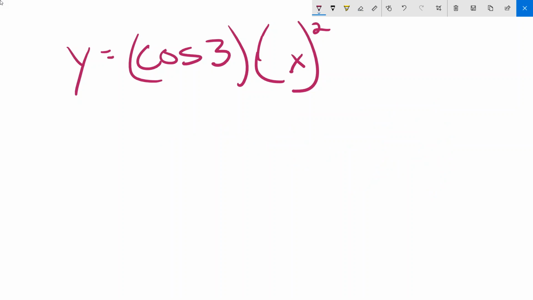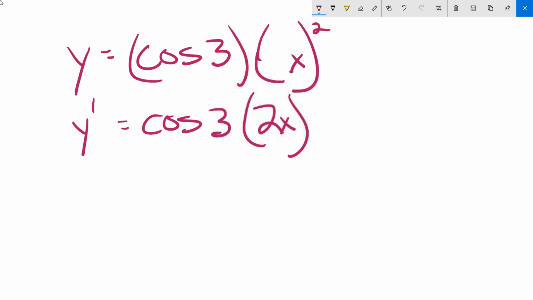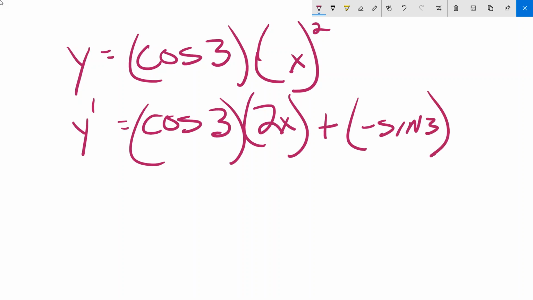So it's just x squared. All right, so cosine of 3 times 2x. So 2x cosine of 3 plus the negative sine of 3 times x squared. Which gives, the heck, how do I not get this?